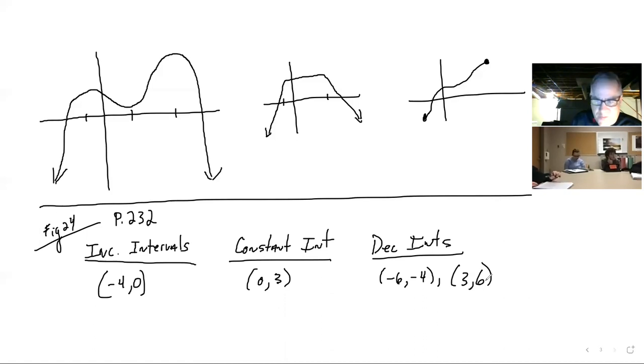So on this function of figure 24, where I had that local min at -4, and the local min was -2, based on that graph, -2 would be an absolute min. 4 would be an absolute max, occurring a whole bunch of times because it's at a part of constant interval. Though that was not a local max up there because it was not in an interval, it would definitely be the largest output based on that graph.